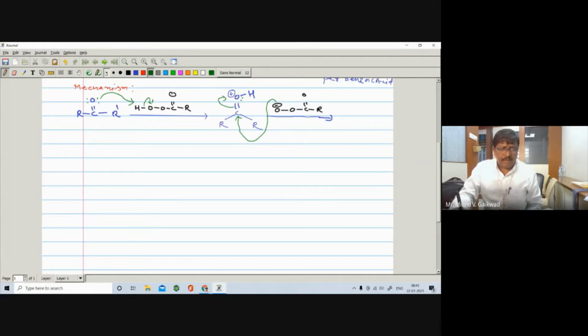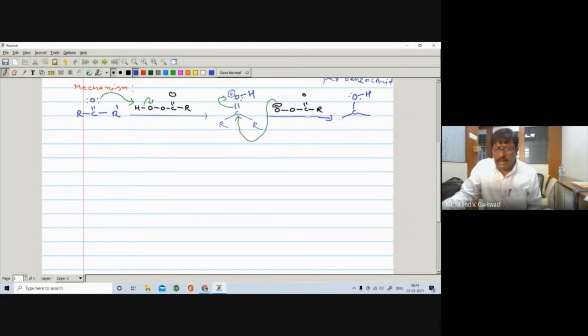So I will write the same thing, right? So here there is a carbon, here is OH, oxygen regains its lone pair. So I can write these two lone pairs here also, and the remaining part as it is.